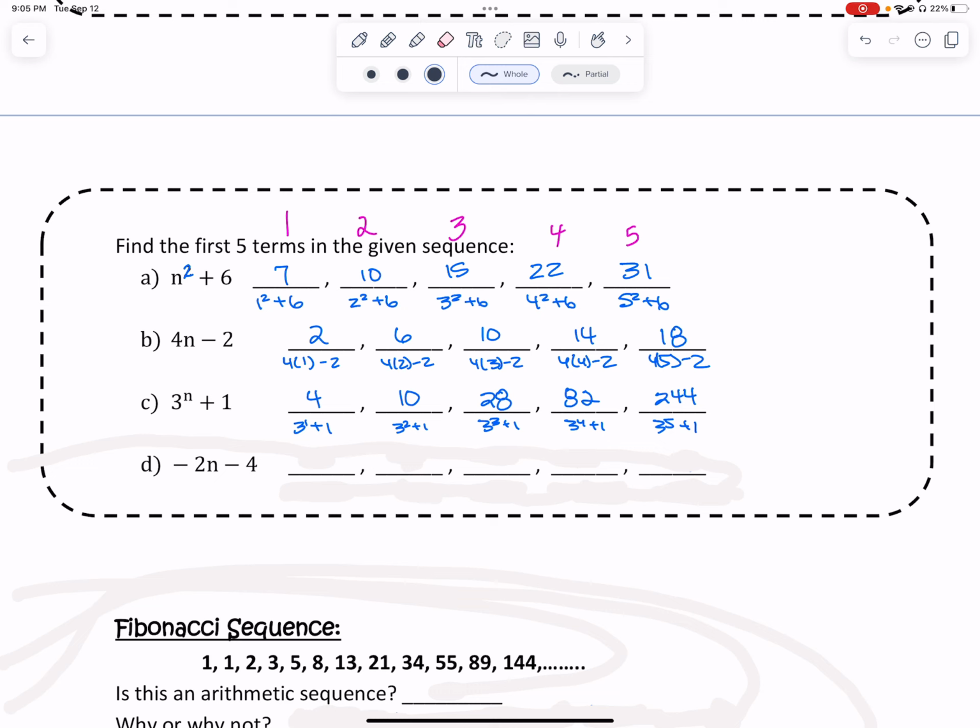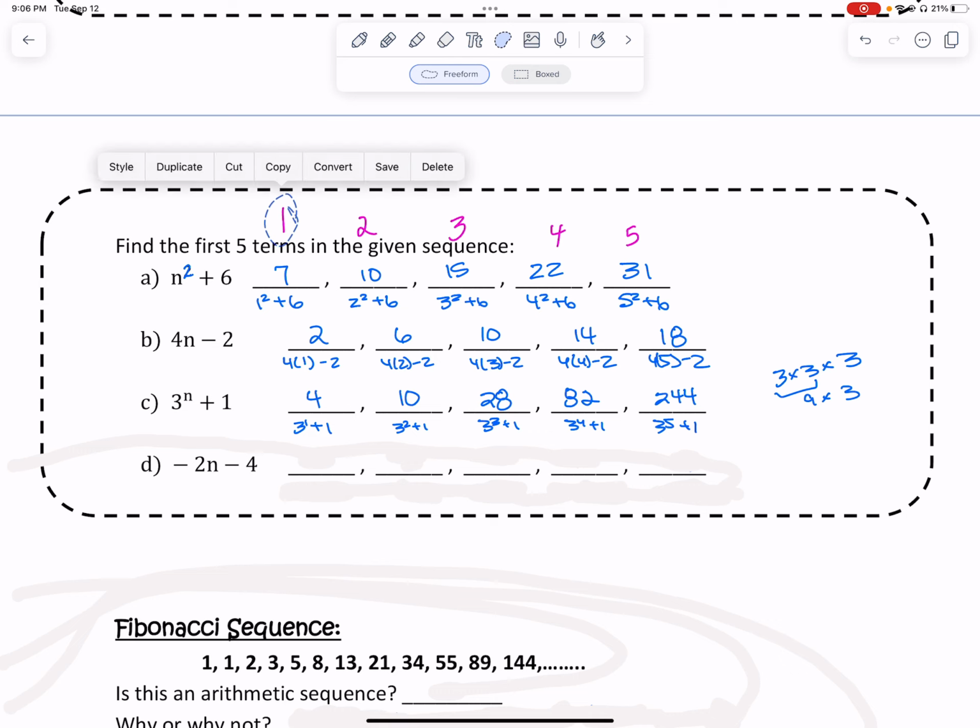Okay, 3 to the third, you just have to remember, again, that's 3 times 3 times 3. So 9 times 3 is 27, and I add 1 to it, okay? Then the last one, once again, if I want to find this, that's the first term, so I put a 1 right there.